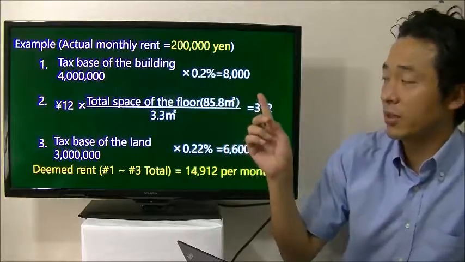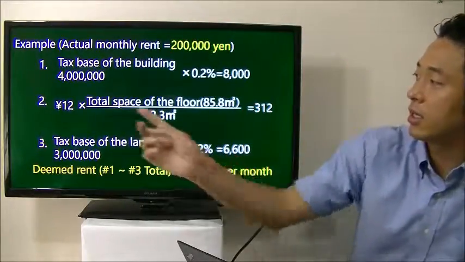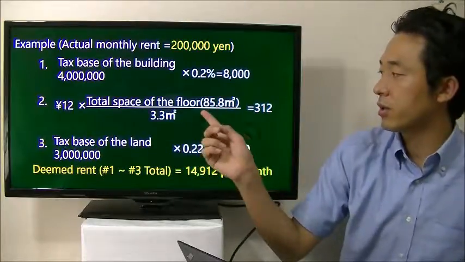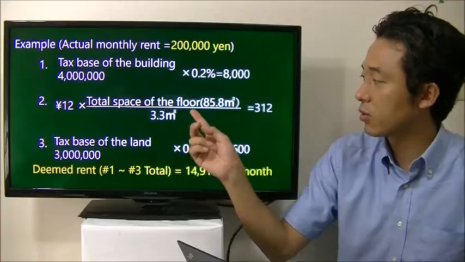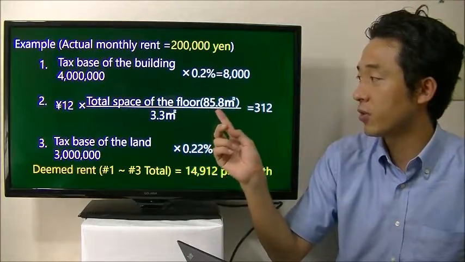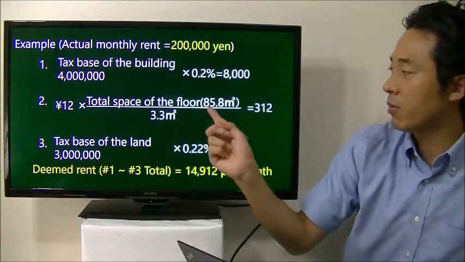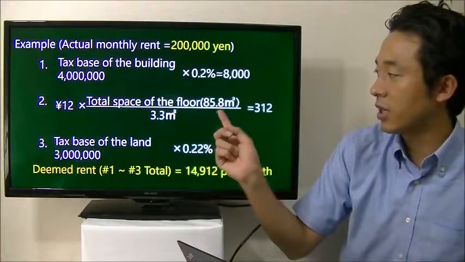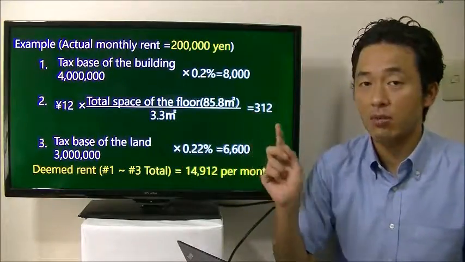Multiplied by 0.2%, which is 8,000 Japanese yen. And let's say the company house's total floor space is 85.8 square meters. In this case, 12 Japanese yen multiplied by 85.8 divided by 3.3 is 312 Japanese yen.